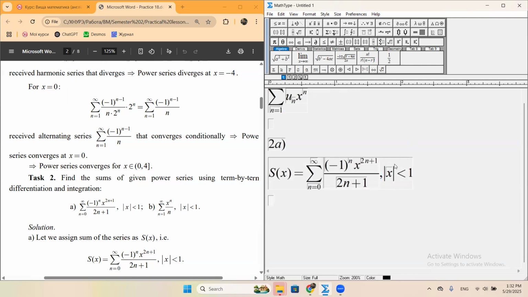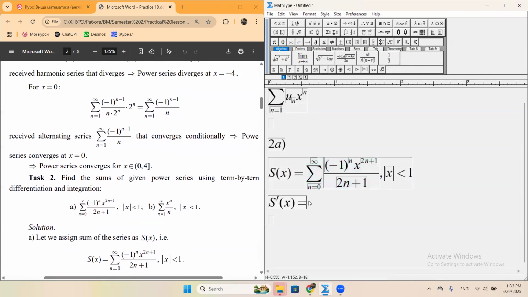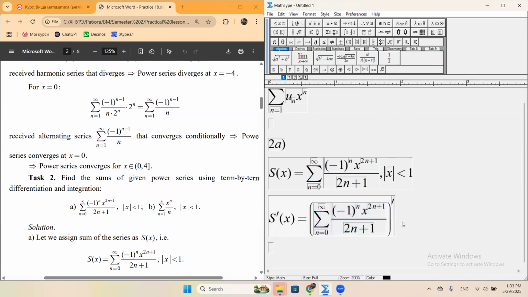So now let's differentiate this series. By differentiating term by term, let me write it down like this first of all. The derivative of a sum equals the sum of derivatives.